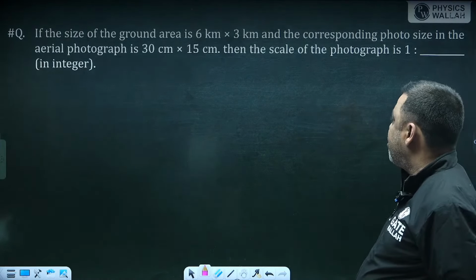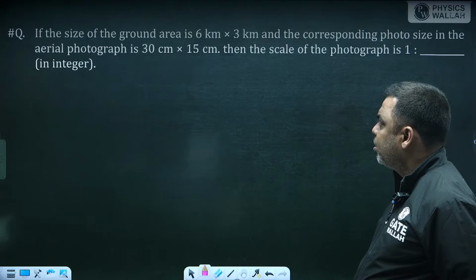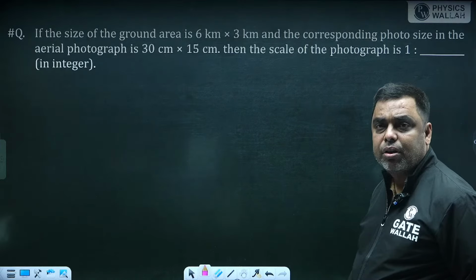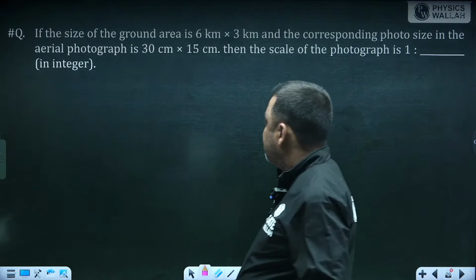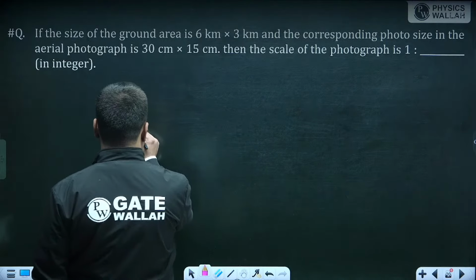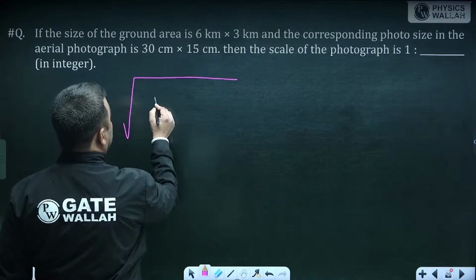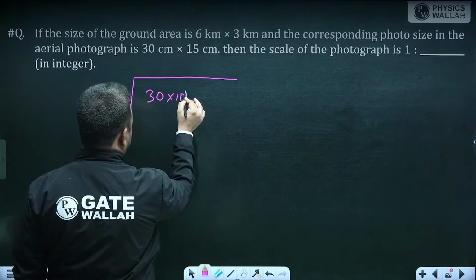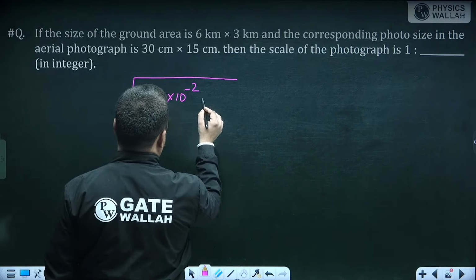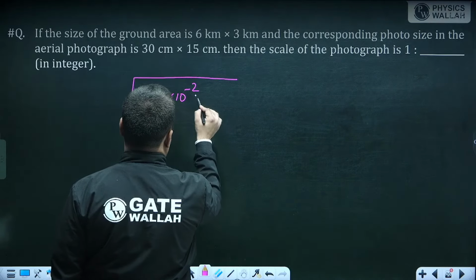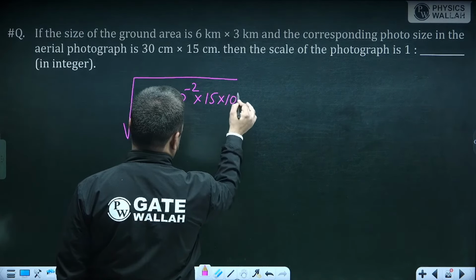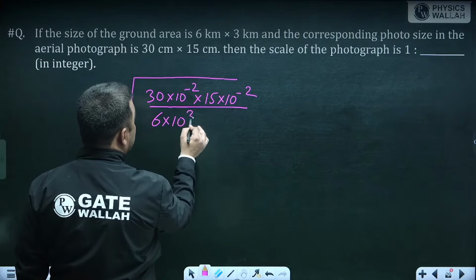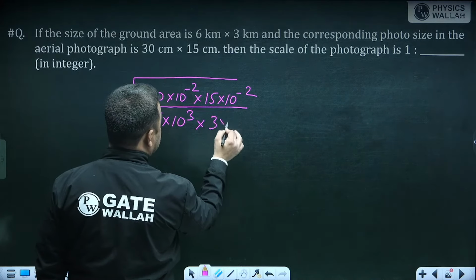Fine. What would be the scale of the photograph? See, we can get it by area also. 30 into 10 to the power of minus 2 into 15 into 10 to the power of minus 2 divided by 6 into 10 to the power of 3, 3 into 10 to the power of 3.